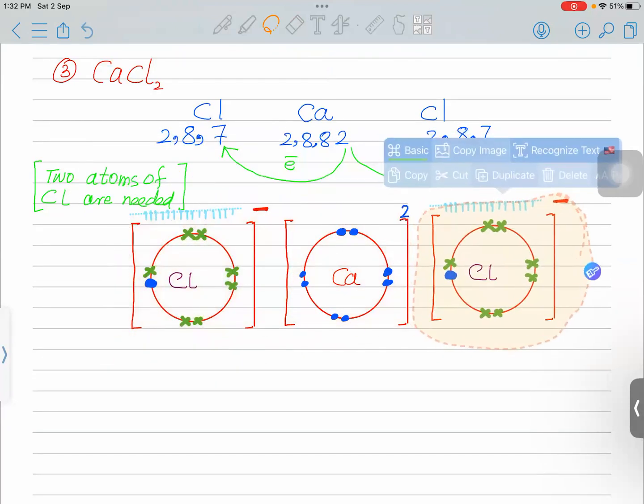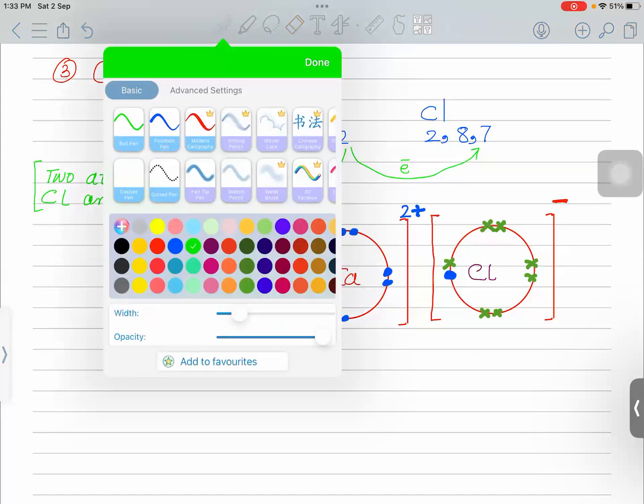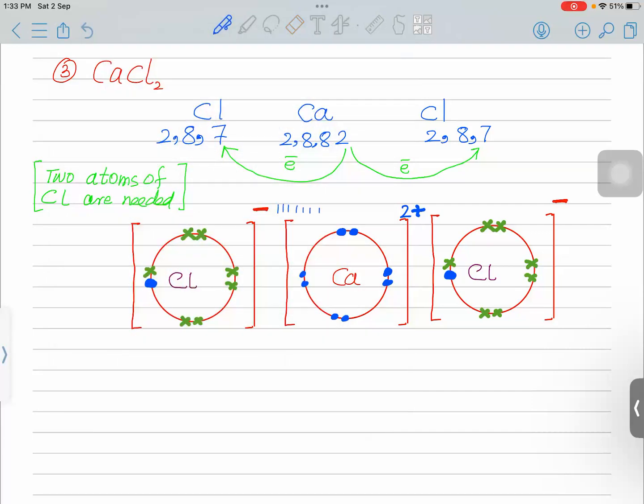Another chlorine is required. This is another chlorine. Each chlorine atom receives 1 electron from calcium. So this is electrostatic force of attraction. This attraction is called ionic bonding.